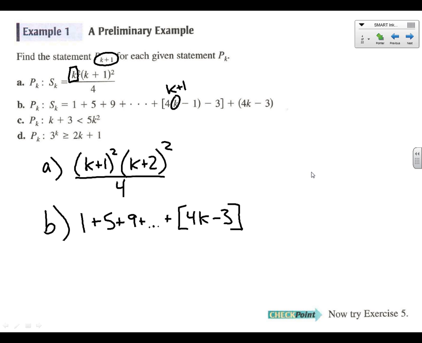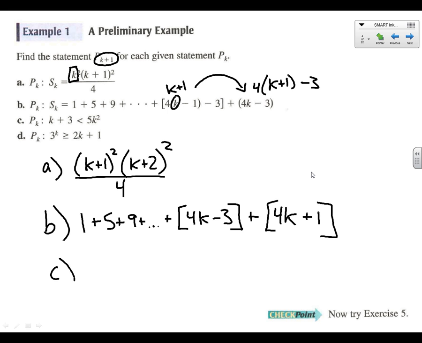You'll notice 4k minus 3 is what the next one in the list is, so that should actually work out. And then the next one is going to be 4, got to substitute in k plus 1 for k, minus 3, that's 4k, and then plus 4 minus 3 is plus 1. All right, so that's the substitution there.